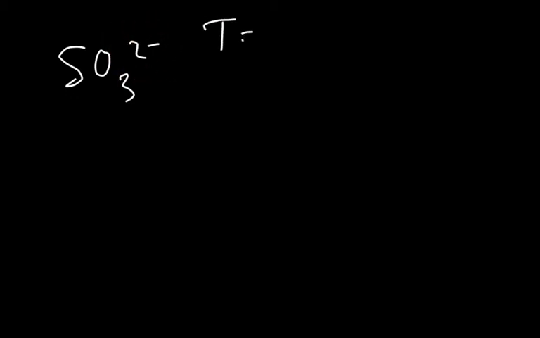So the total is equal to all of the positive plus all of the negative. But here, if we're given the total, and we actually know the negative in this case because oxygen has the negative oxidation state, we're going to be asked to find the positive, which is sulfur.